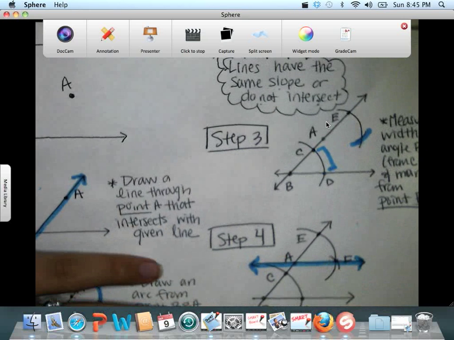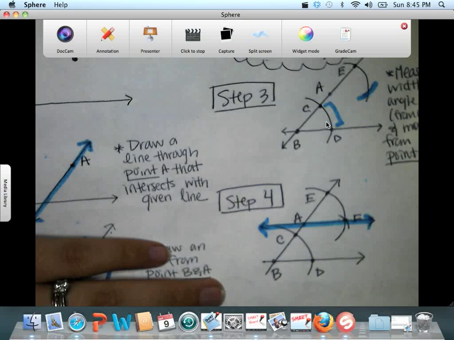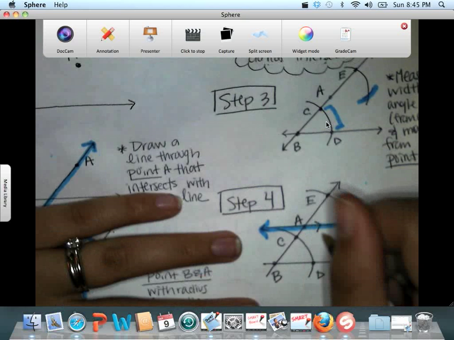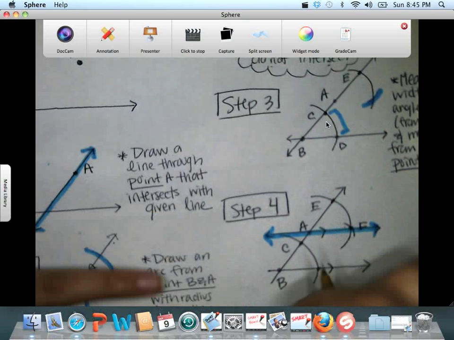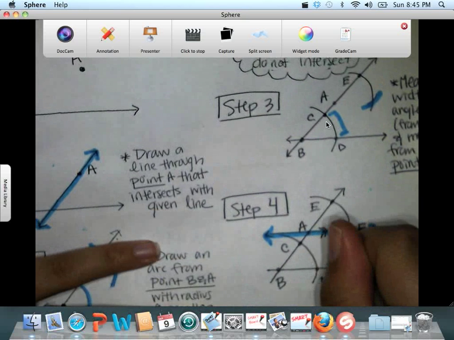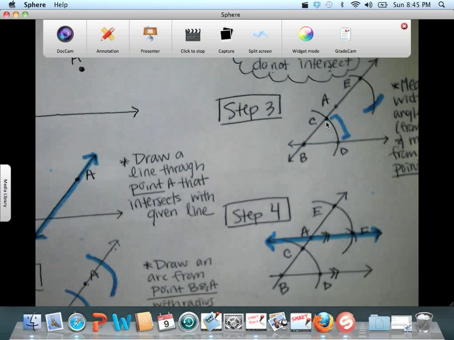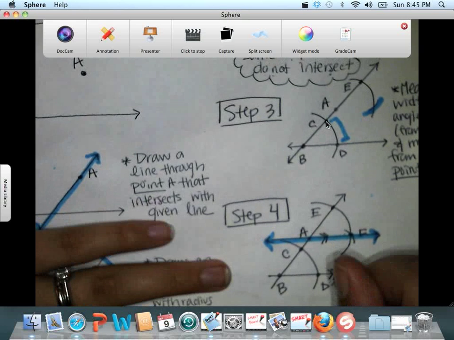And as you can see, the two lines are parallel. And to show that lines are parallel, you just put little arrows through them. And then I usually like making double ones. I think they look pretty. Okay, so this tells you that it's parallel.